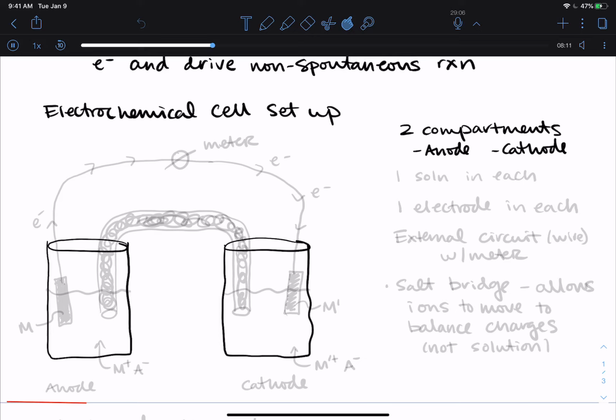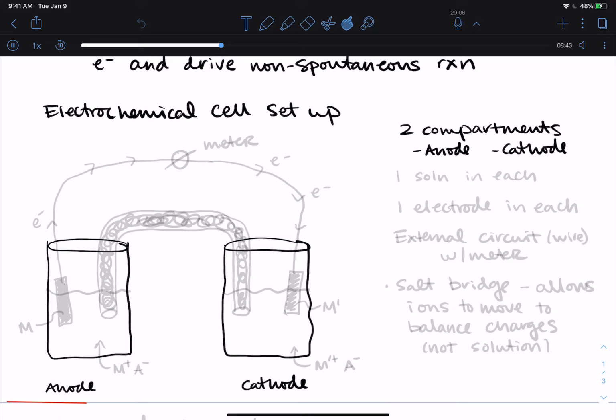But it technically doesn't matter which you draw where, but by convention, a lot of the pictures that you will see in whichever textbook you're referencing will have the anode on the left and the cathode on the right. Now, left and right, like I said, doesn't technically matter. What is happening inside the cell is what matters, but we're going to get to that in a bit.